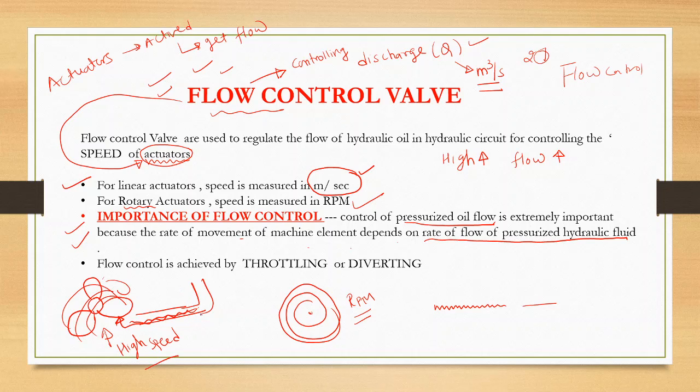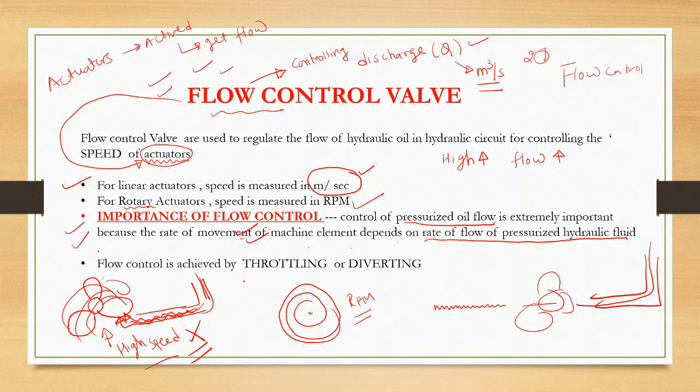This happens when the flow of pressurized oil is very high. Suppose we don't want this to move at very high speed. In that case, we have to control this flow of pressurized oil so that our rotor does not rotate at a high speed. So in that case, we require a flow control valve.